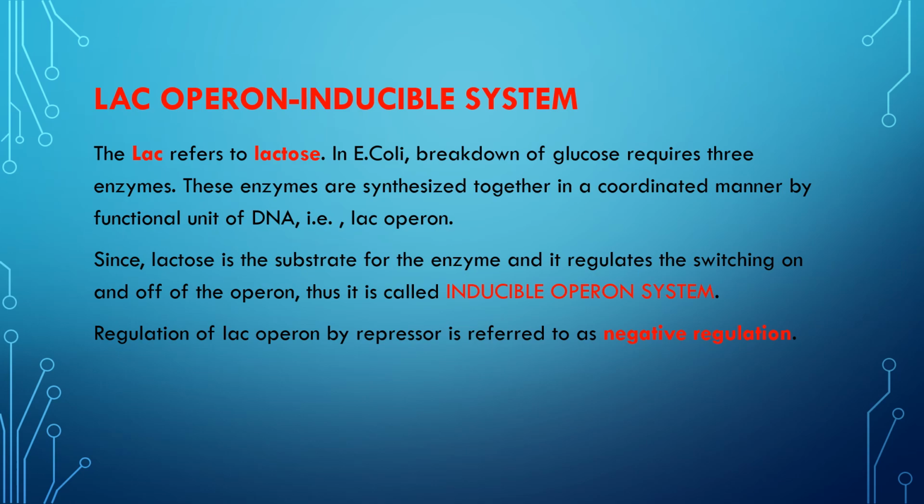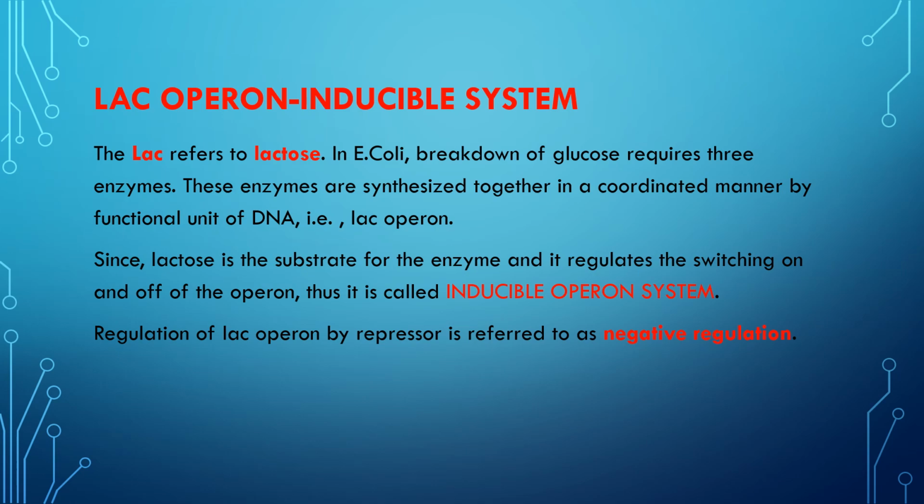Lac operon, inducible system. The word lac refers to lactose. In lac operon, a polycistronic structural gene is regulated by a common promoter and regulatory genes. Such arrangement is very common in bacteria. In E. coli, breakdown of lactose requires three enzymes.